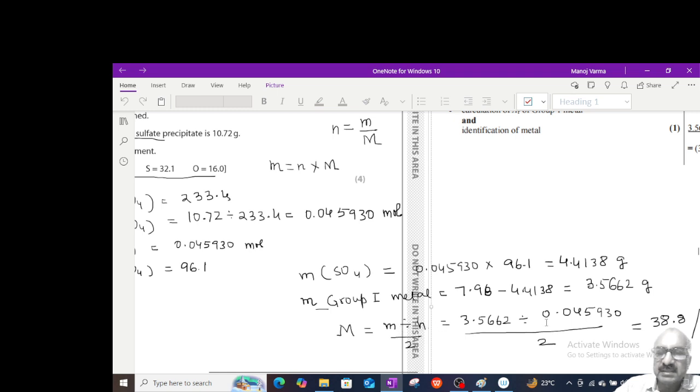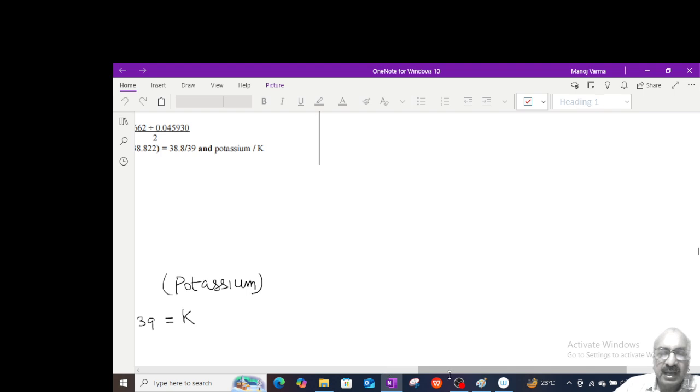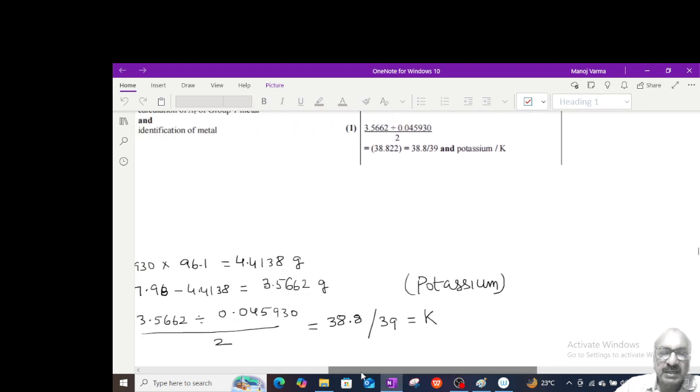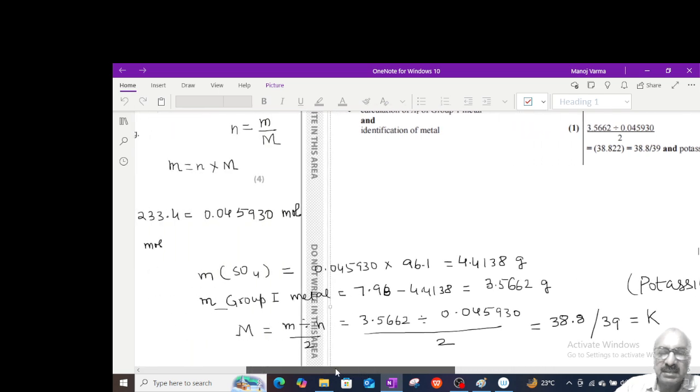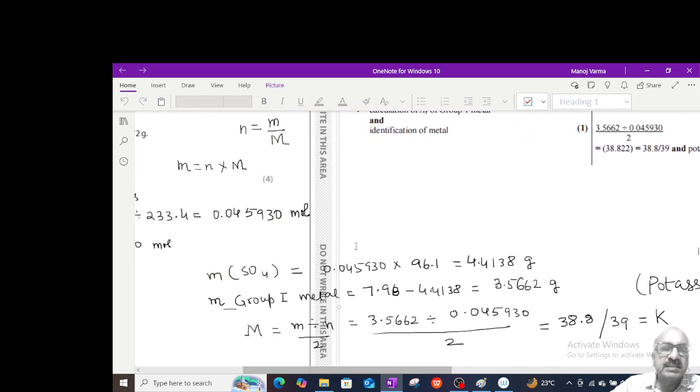The mass is this, and the number of moles you know is this. Then if you divide it by 2, because it's M2SO4, you get the molar mass, which is 38.8, approximately 39, and that corresponds to potassium from the periodic table. So in the M2SO4, the unknown element is potassium, and that's the answer.